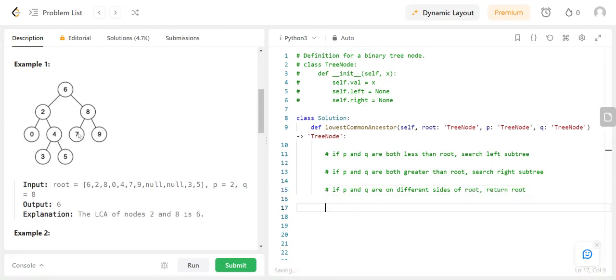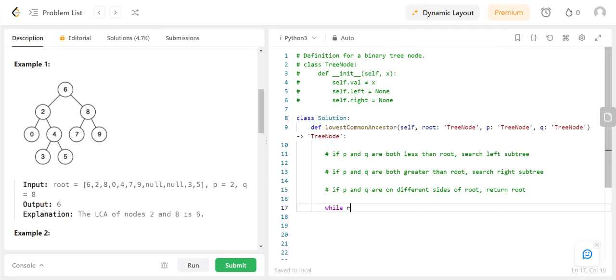Because we can see that 7 is on a different side and 9 is on a different side. If we had 3 and 5, right, then 3 and 5 are both less than 6, go to 2. 3 and 5 are both greater than 2, go right. And then now 1 is less than parent and 1 is greater than parent.